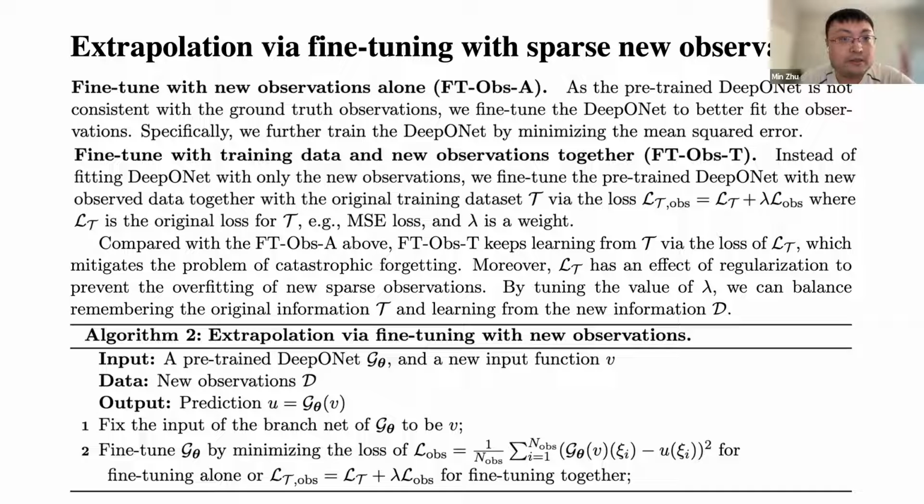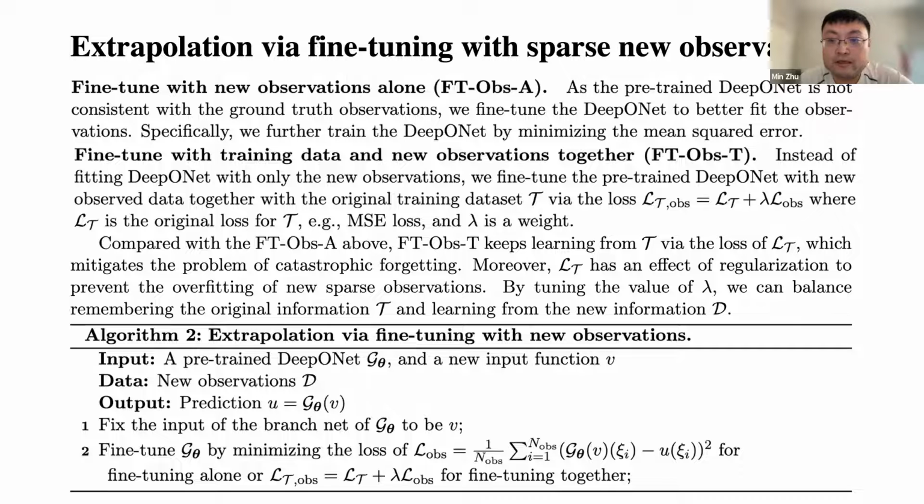As the pre-trained DeepONet is not consistent with the ground truth of the observations, we could fine-tune the DeepONet to better fit the observations. Specifically, we further train the DeepONet by minimizing the mean square error of the new observations alone. The approach is simple and has low computational cost.